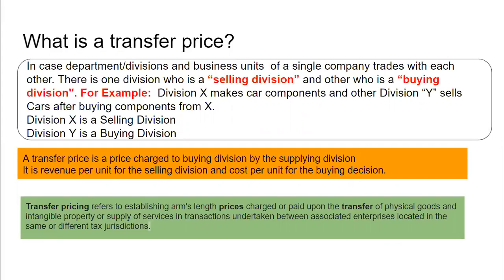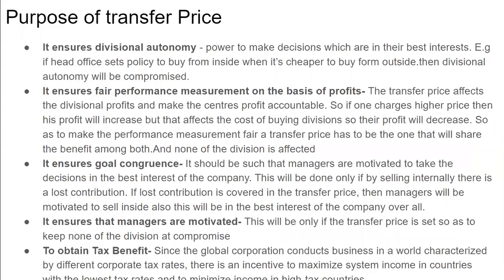That is going to be the same market price, less any internal cost saving that he's getting from selling externally. So that's going to be on both sides. That's going to be a win-win situation. That's going to be an ideal price at an arm's length transaction.